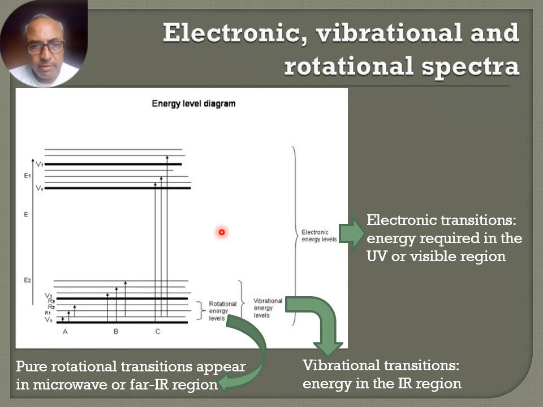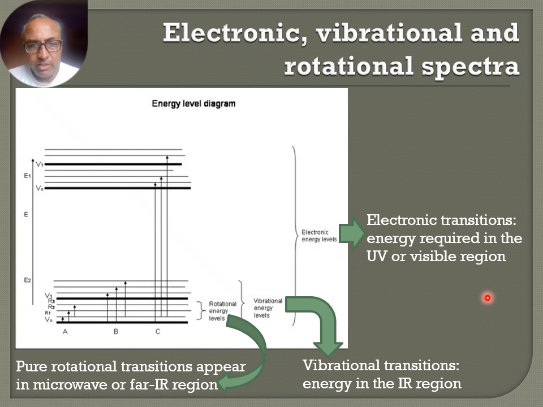Thus, here we have the electronic spectra which come from transitions between different electronic states, the vibrational spectra which come from transitions between different vibrational levels given by these dark lines within the same electronic state, and the pure rotational levels which come from transitions between different rotational levels within the same electronic and vibrational state.